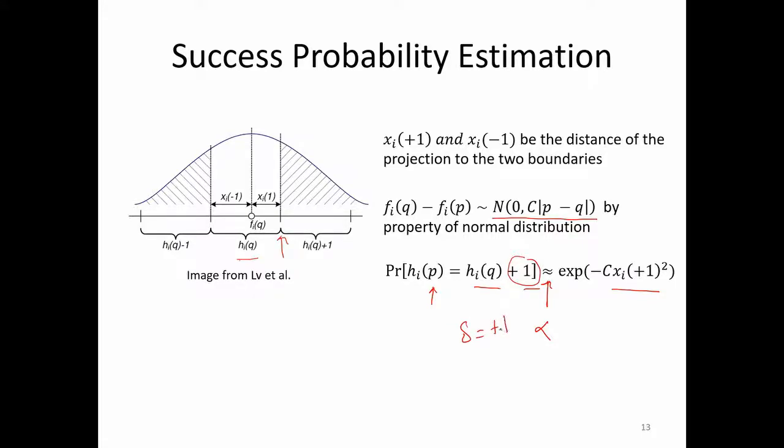So this is the core idea: if your query point is falling somewhere, then depending on its distance from the boundary, the chance of other points expected to fall in the same bucket falling in the next bucket depends on its distance from the boundary.